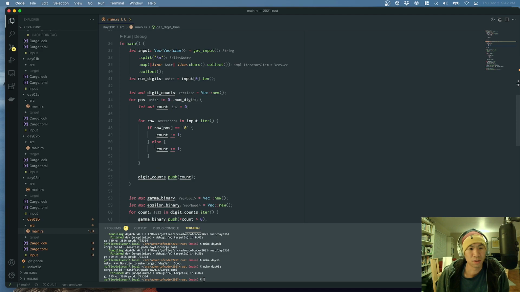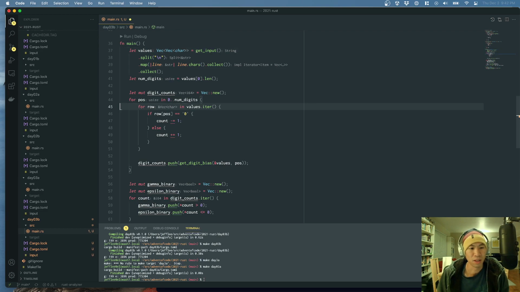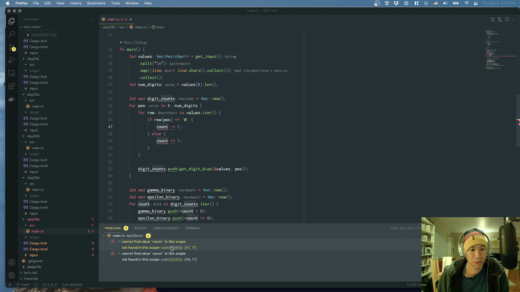Okay. So I think we can replace this with get digit bias of input and pause, taking the reference to input. Let's call it input values. It's a little bit of a better name. Input's kind of ambiguous. This goes away. And this little rewrite hopefully should end up returning the same thing.